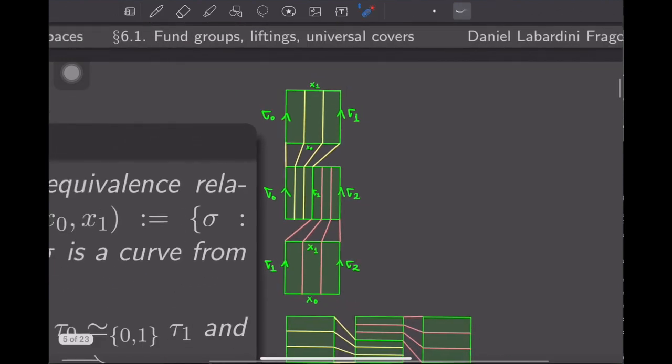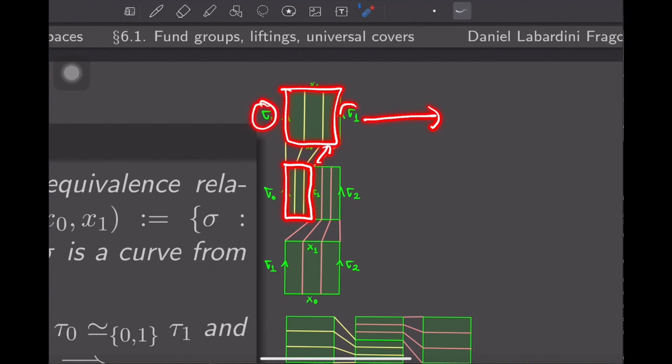What can I do? Well, I take the rectangle [0, 1/2] times [0, 1], and that one first I enlarge, and then go with my first homotopy from sigma naught to sigma 1.